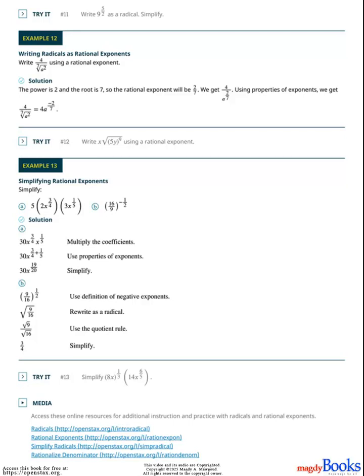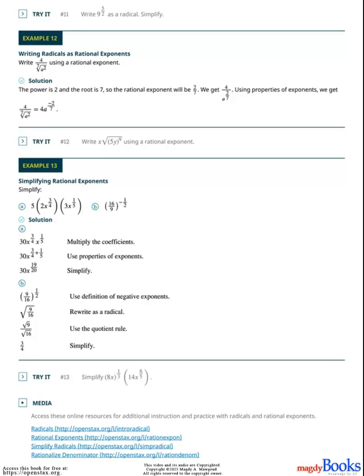Try it, number 12. Write x square root of (5y) to the power of 9, using a rational exponent. Example 13. Simplifying rational exponents. Simplify.